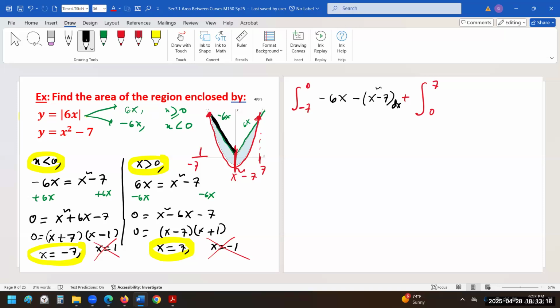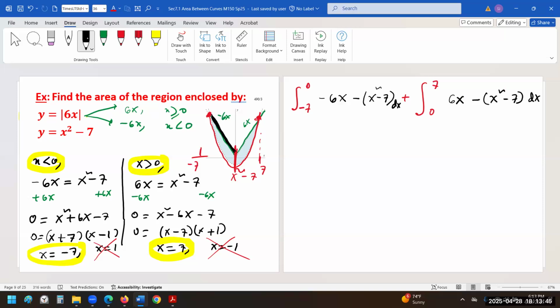And what do we write for the other one? Positive 6x, good. Positive 6x minus x squared minus 7. They look almost the same.